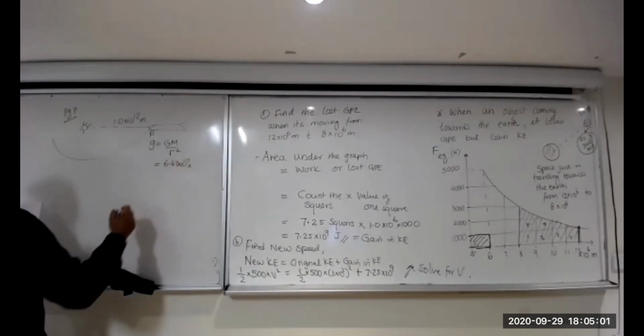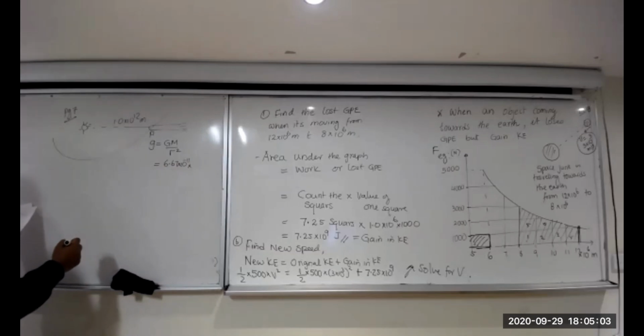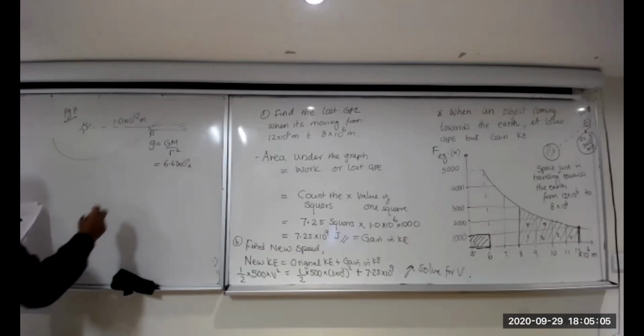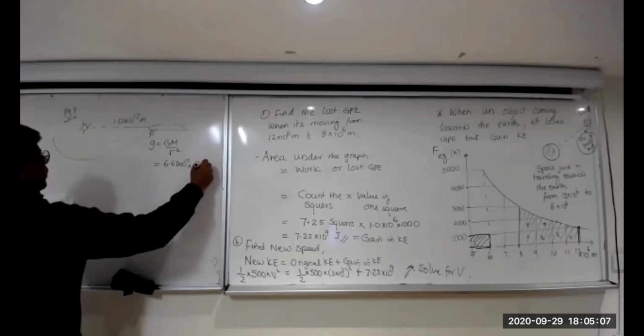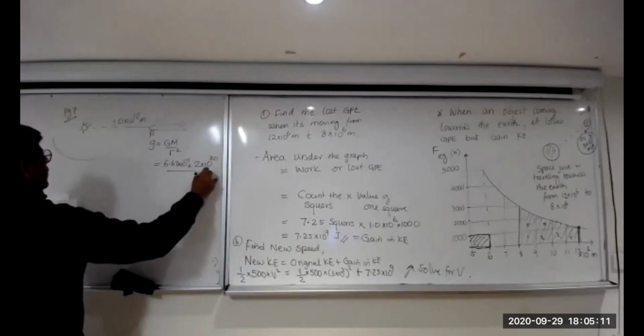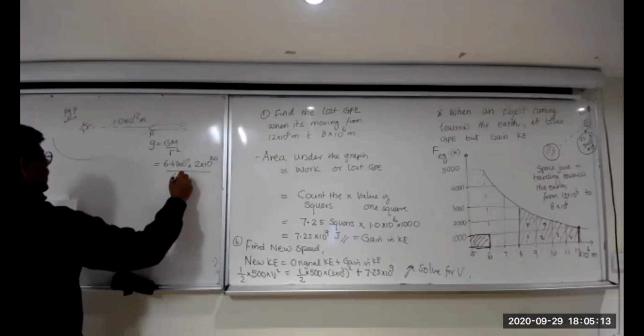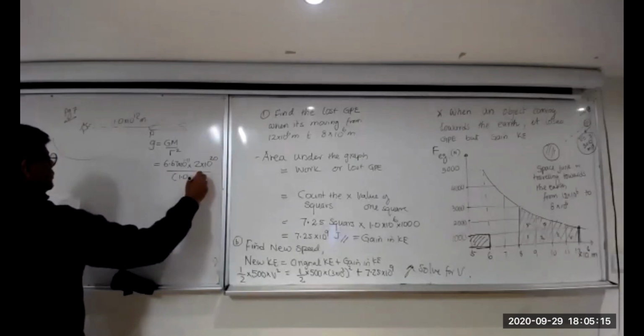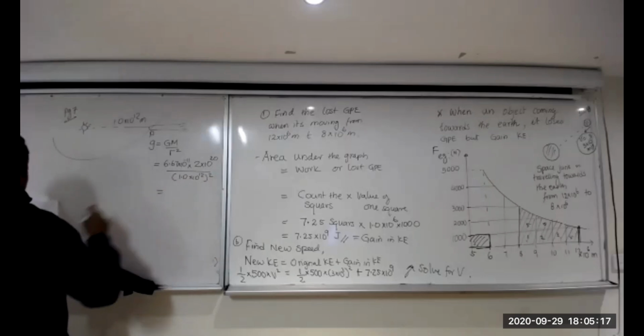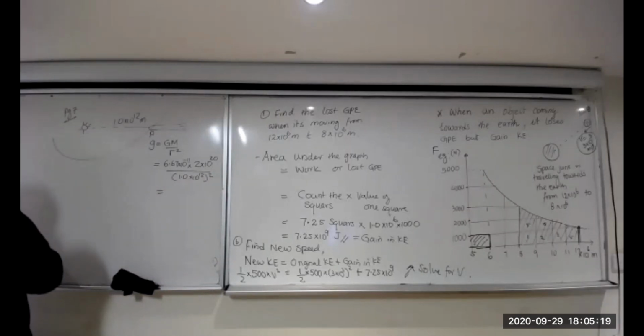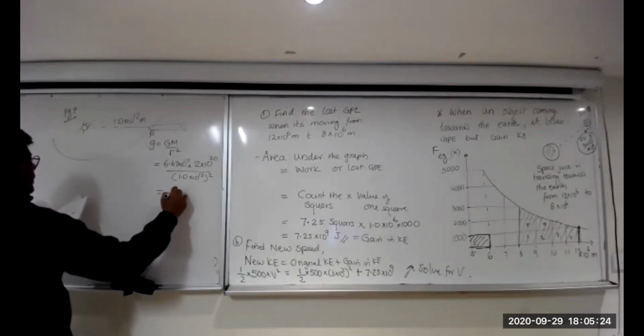What's the mass? We're going around the sun. Mass of the sun is 2 times 10 to the power 30. Always the central mass, central mass divided by 10 to the power 12 squared. You should get a value of 1.33 times 10 to the negative 4.